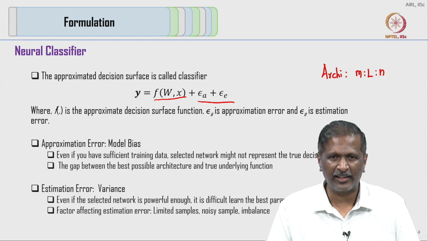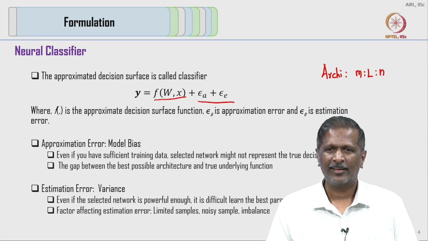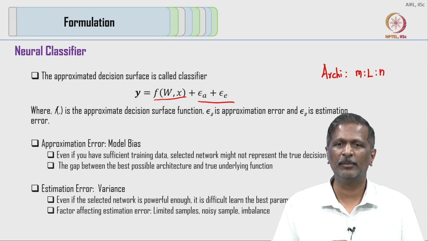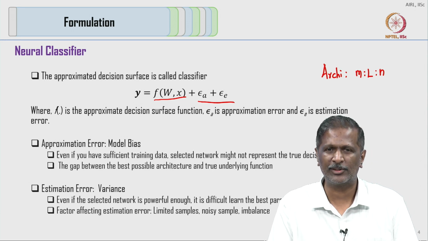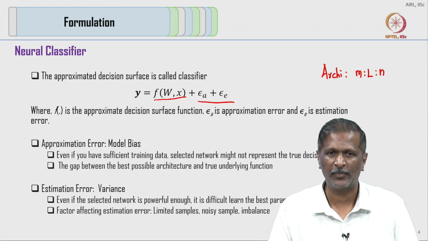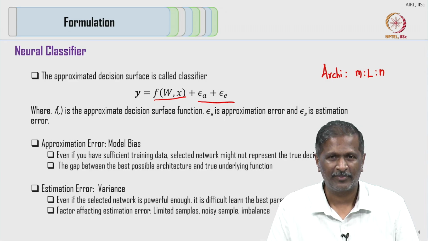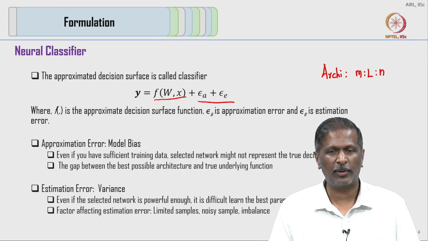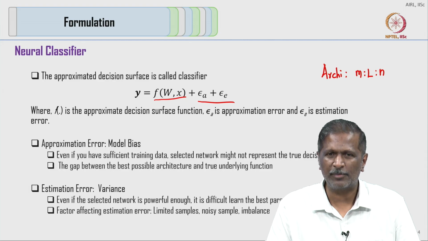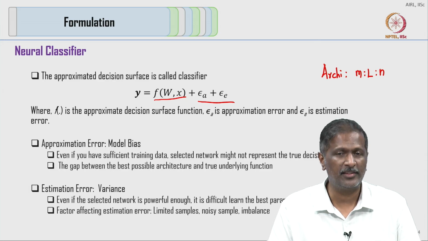Even though it is perfectly balanced data, the distribution may not be sufficient. The samples may not represent the true distribution. That's what I say, limited samples. I may need more samples to represent the entire distribution space, which I am not sure about, right. That is another bigger problem. The data is an observation data. Your feature may be noisy.